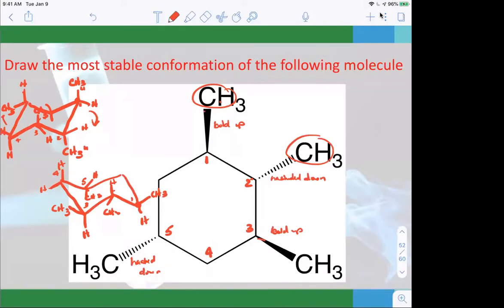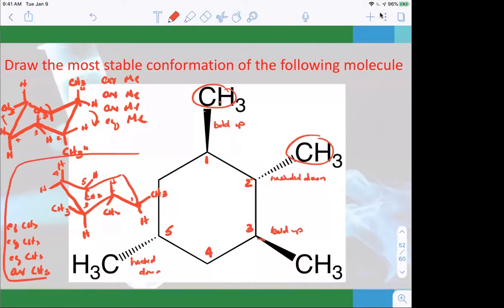Now, which one is more stable? I have an axial methyl, an axial methyl, an axial methyl, and an equatorial methyl. Or I have an equatorial methyl, an equatorial methyl, an equatorial methyl, and then an axial methyl.